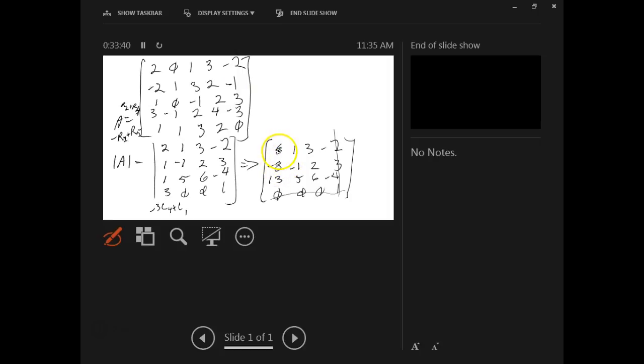Okay, if you add row 1 and row 2 together, row 1 plus row 2, then this will produce this matrix. Using row 1, so it's going to be 8, 1, 3. Okay, 0, 0, 5, and a 13, 5, 6.